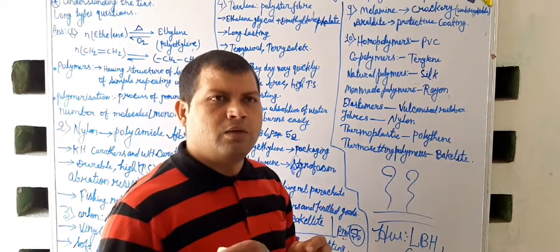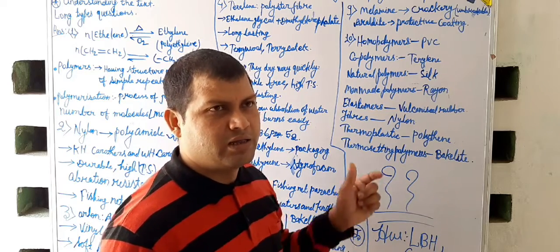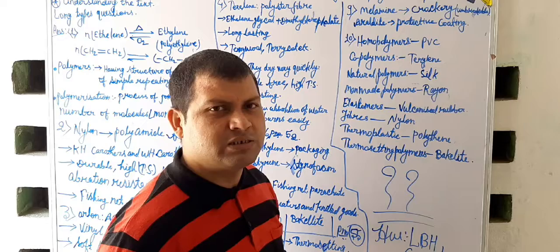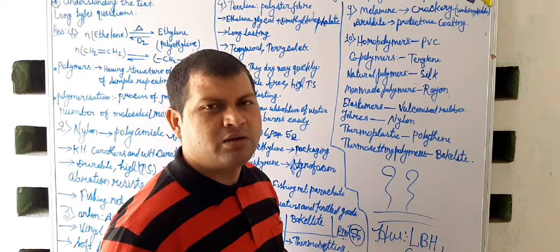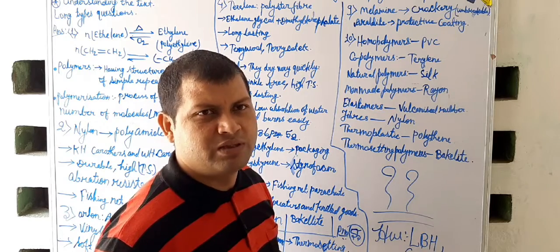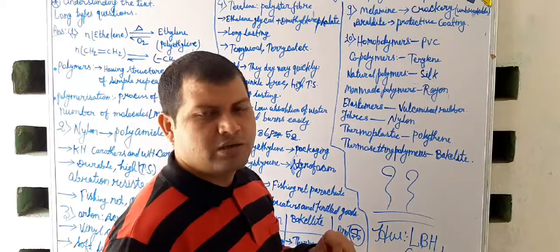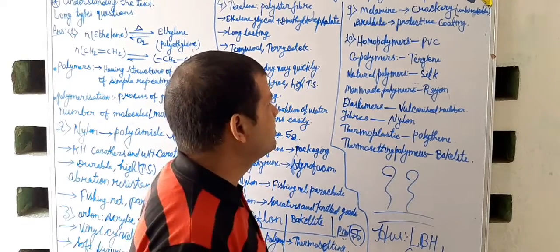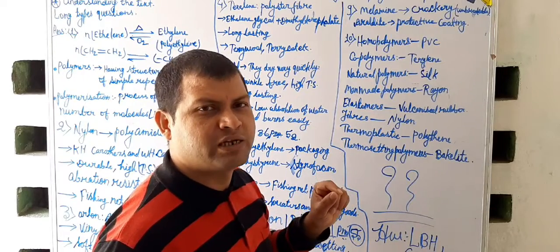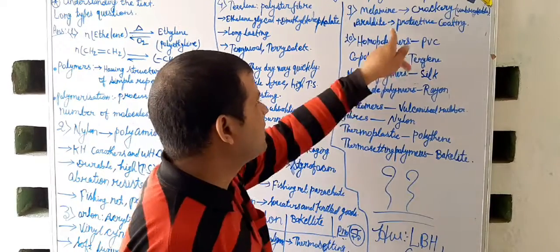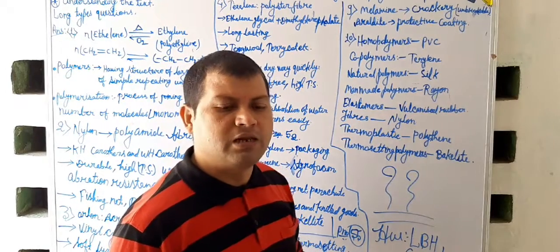If we drop these materials from some height, they cannot be broken after colliding with the surface. And araldite is one of the best materials because it is used in making protective coats. So these are the uses of melamine and araldite.